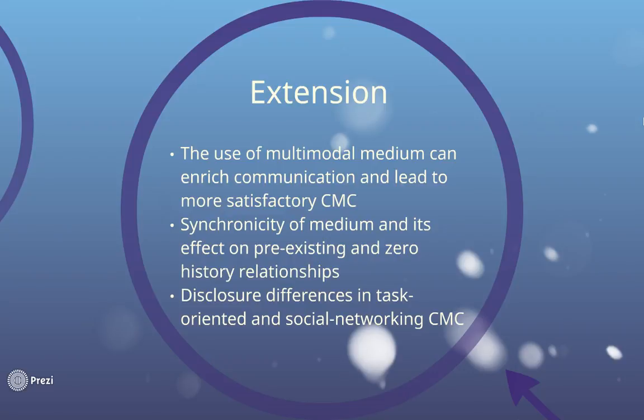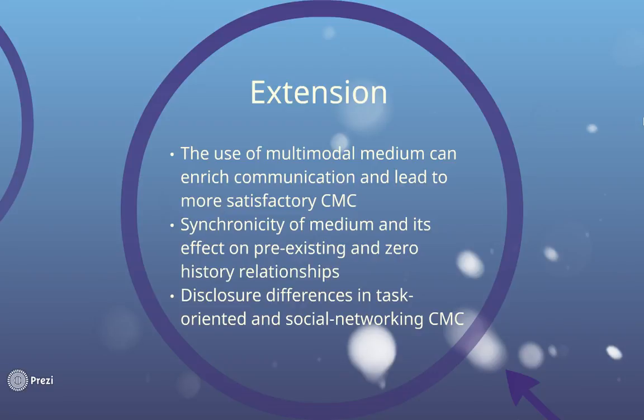The second structure addresses how the level of synchronicity of a medium relates to communication satisfaction in pre-existing and zero-history relationships. As more users are engaging in CMC as a means of social networking, asynchronous mediums of CMC are being more utilized as the preferred method of information seeking.